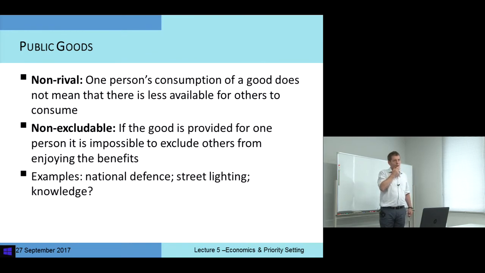Well, generally, once we discover something, unless we somehow keep it a secret to ourselves, it's quite difficult to exclude others from the benefit. Now, I do realize in some societies, access to the internet is more restricted than others, and in a sense, that might be seen as excluding people from the benefits of knowledge. But in many societies, knowledge seems to have this public good characteristic.